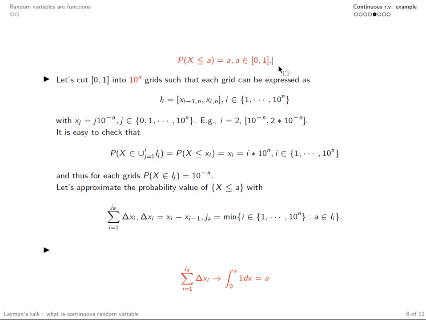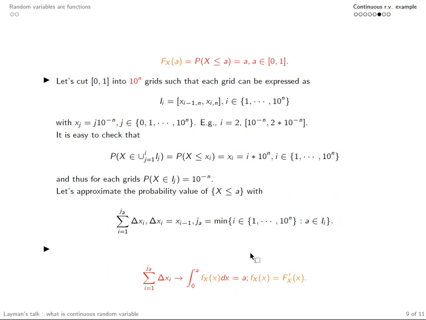And particularly, we have a very special CDF function here. Right? It's not only continuous, but also differentiable. It's very smooth. We can rewrite 1 as the derivative of the CDF function, actually.